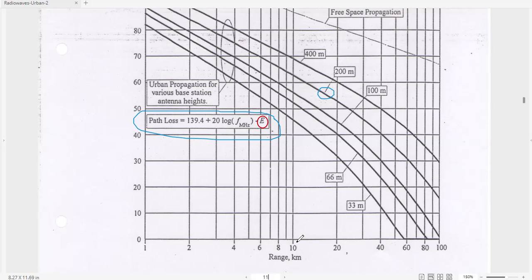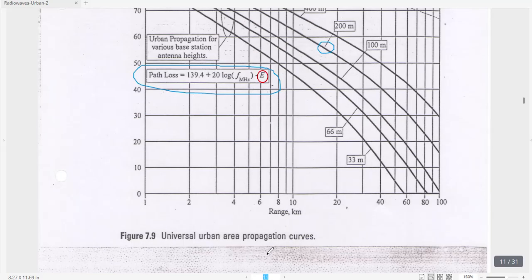As you can see, the distance is around 10 kilometer. It's 10 kilometer. Let's see figure 7.9.